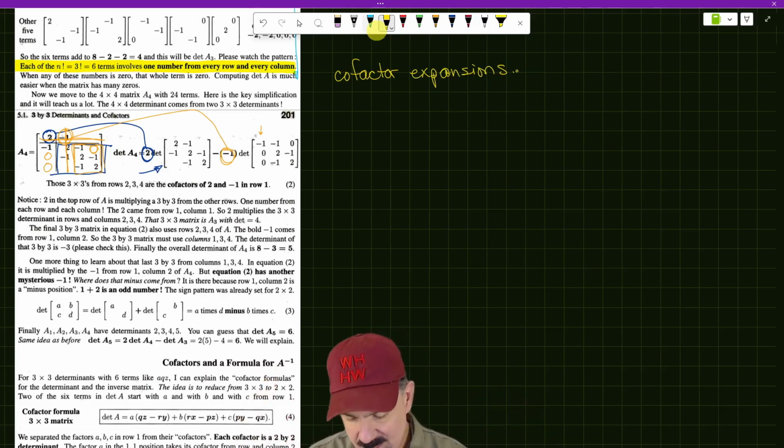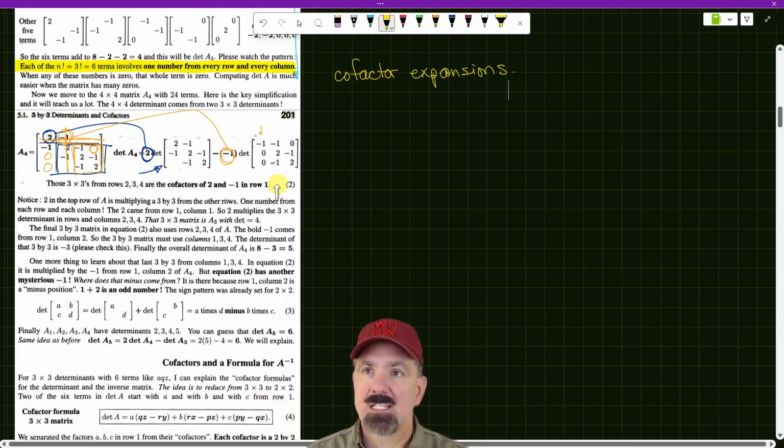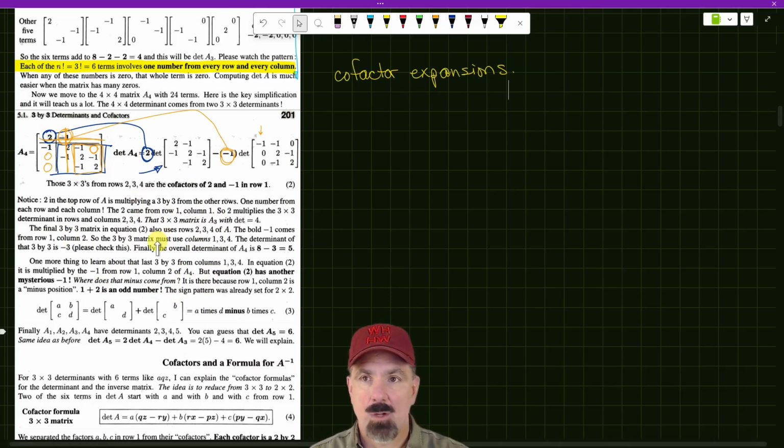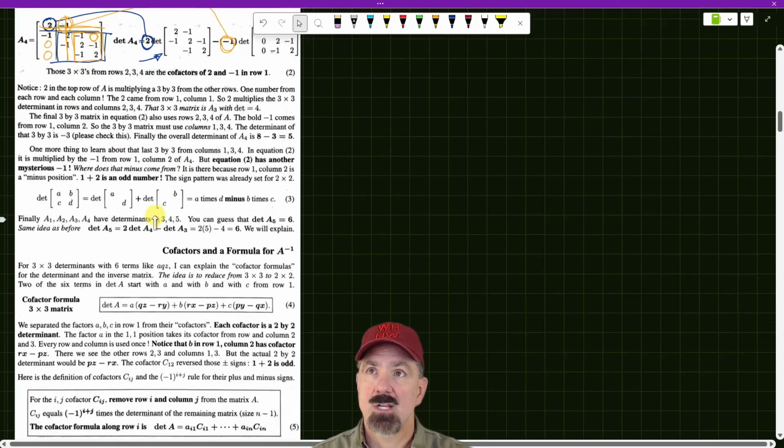And I'm going to work a specific example for you. So I think that Strang's discussion down here is adequate, but I think it leaves us a little bit wanting to understand. So read through this, but what I'm going to do is give you a specific example about cofactor expansion.